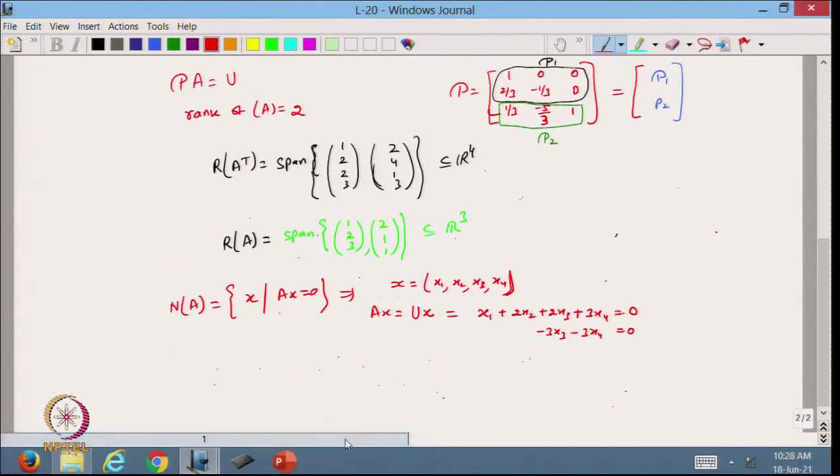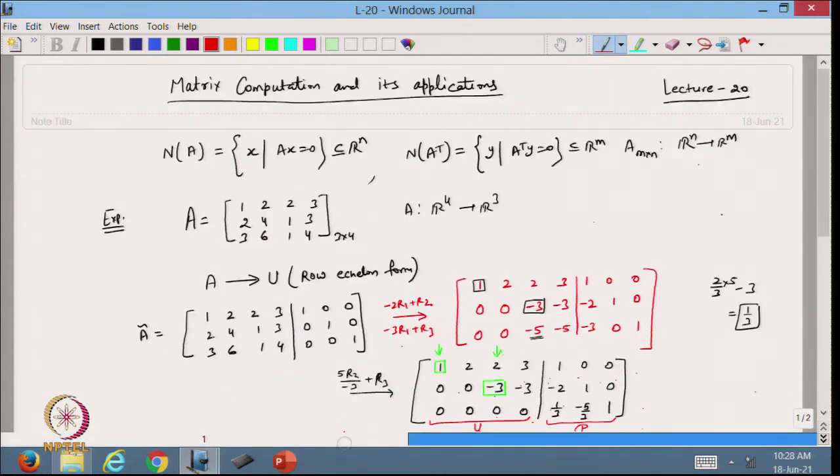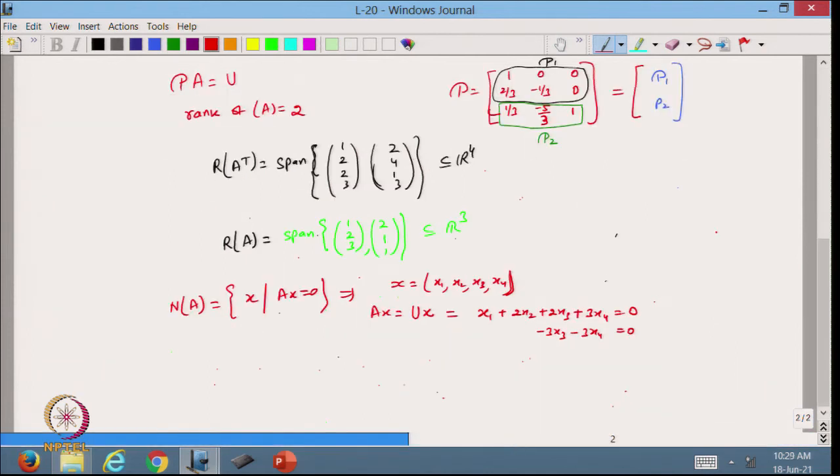Now, this is going to have infinitely many solutions, so x2 and x4. Now, the rank of matrix A is 2.